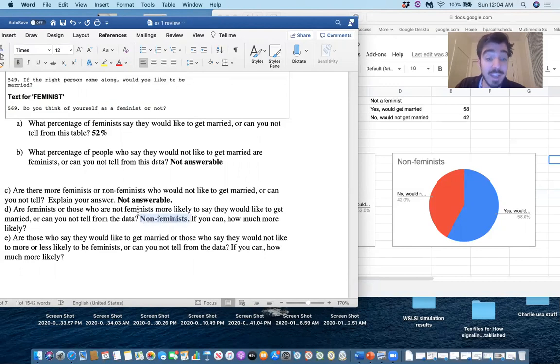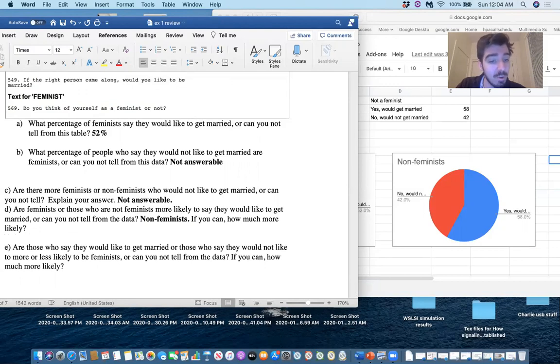Okay. And there's a little follow-up question. If we can answer this question, right? How much more likely are non-feminists than feminists to want to get married if the right person came along? Okay? So this is a kind of a percent change question buried inside a percent comparison to a table question, right? So let's come up with the framework for how we want to say this.